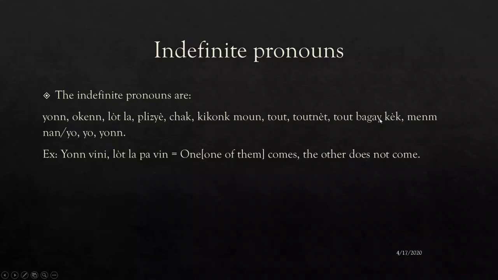Forgot to put, it's not one word. It's two different words. Tout bagaille is the first word, but it's separate, and cake is a different word. I forgot to put the comma. Même non, même yo.